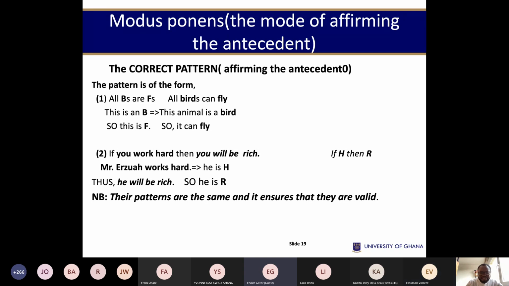So he worked hard, he's H. If he worked hard, then what will be our conclusion? He is rich, or he will be rich. Is there any way this conclusion can be false? If you think there's any way this conclusion can be false, just put your hand up.